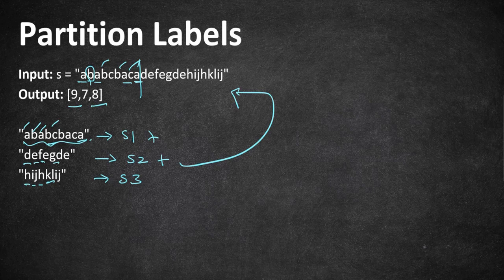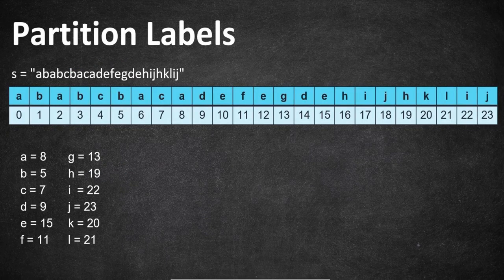So let's see how we are going to approach this. As we have understood, we have to cover all occurrences of a character within one substring.